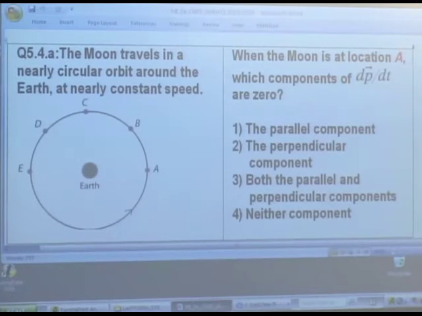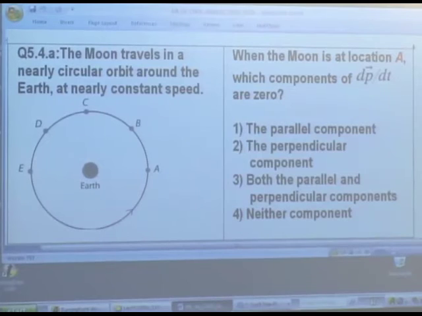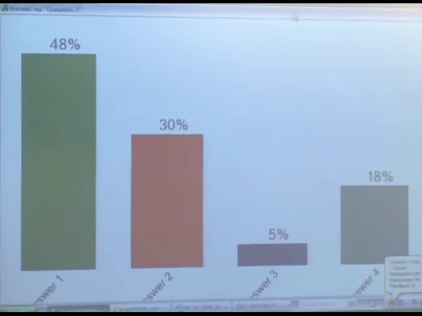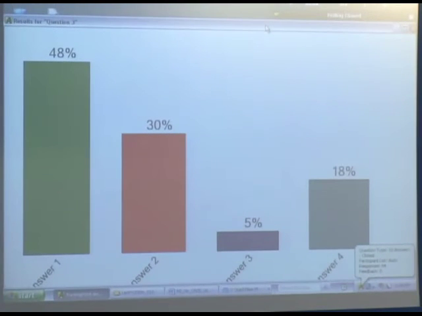You already answered a question where you told us the direction of dp/dt. Now think about the direction of momentum here, and think about whether that was parallel, perpendicular, or the same. So what happened? Did you forget your answer to the previous question?